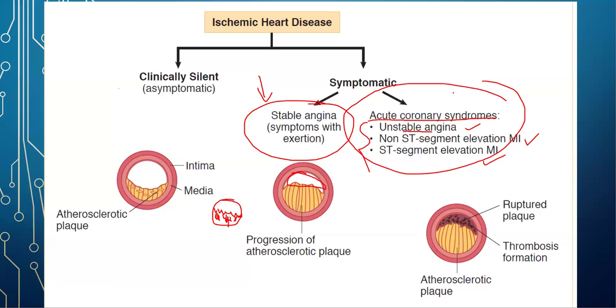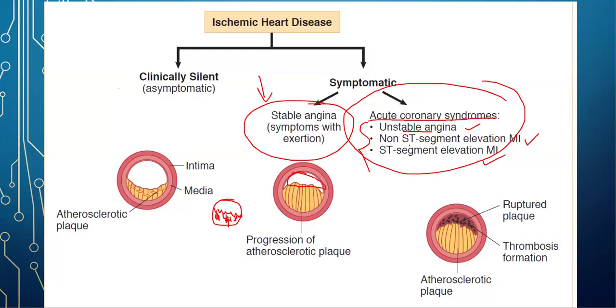Okay? So far we understand that ischemic heart disease can be asymptomatic or symptomatic. In symptomatic, we have stable angina where the patient gets chest pain, with heaviness and tightness on the left side, radiating to the neck and jaw. Sometimes it can even be associated with nausea and vomiting.